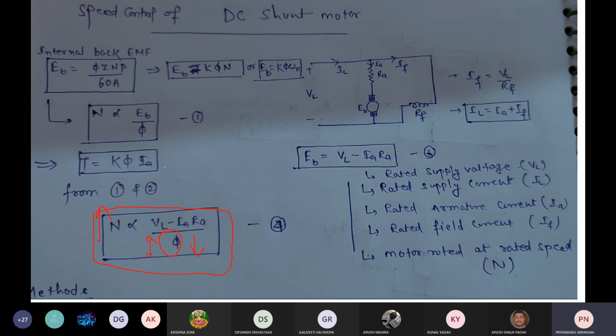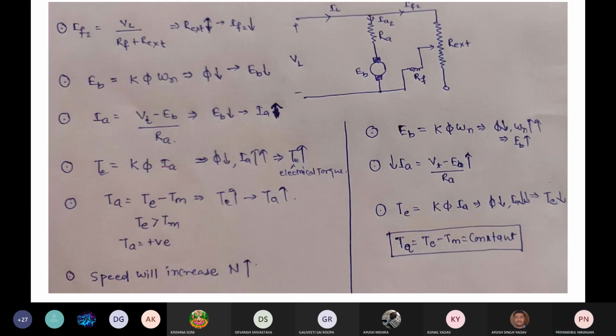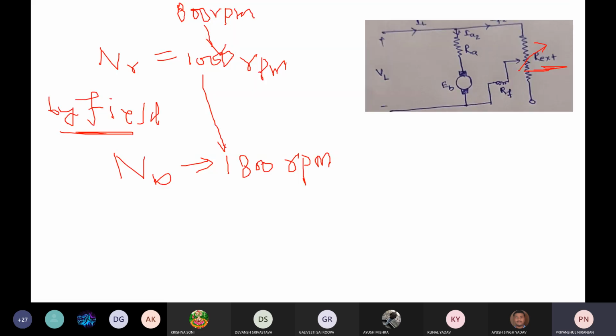But my question is, when we control these, actually here first IF decreases, IF2 decreases. Okay, IF2 decreases, then flux decreases, then you say speed will increase. So is it possible to have an immediate change in the speed?